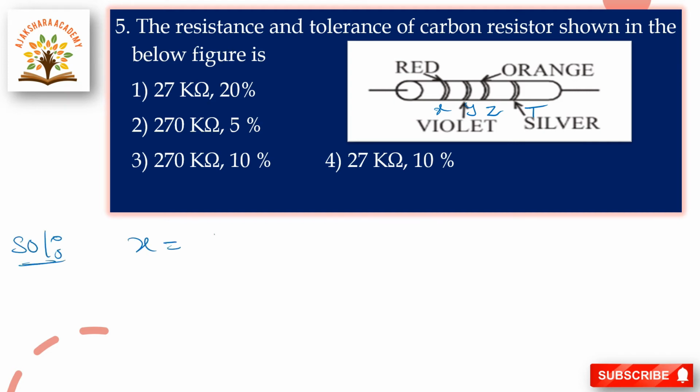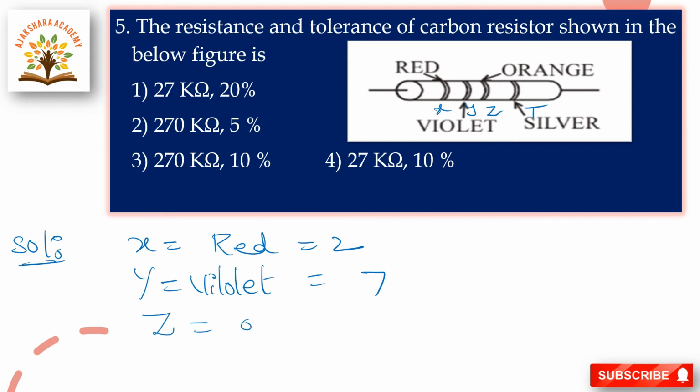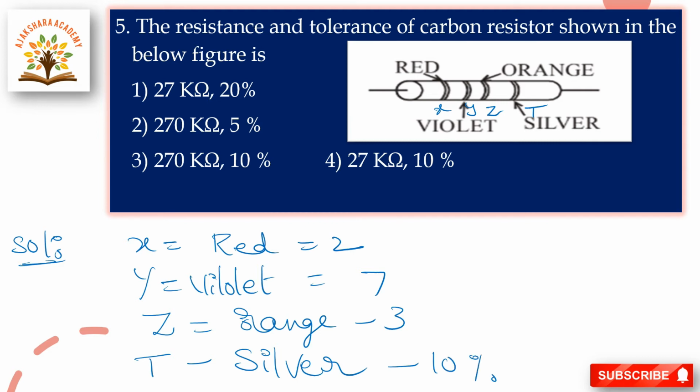X is equals to red, that is equals to 2, and Y is equals to violet, that is equals to 7, and Z is orange, that is 3, and T is silver, that is 10 percent.